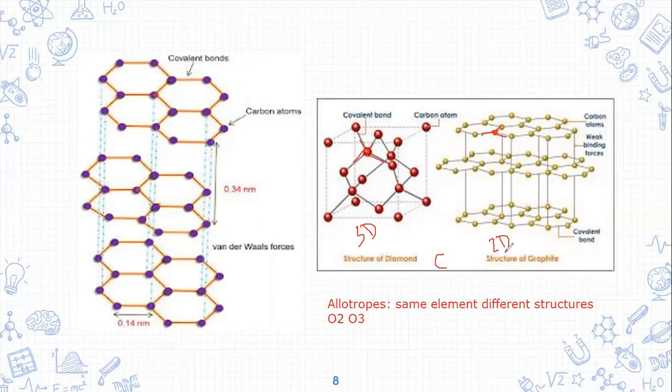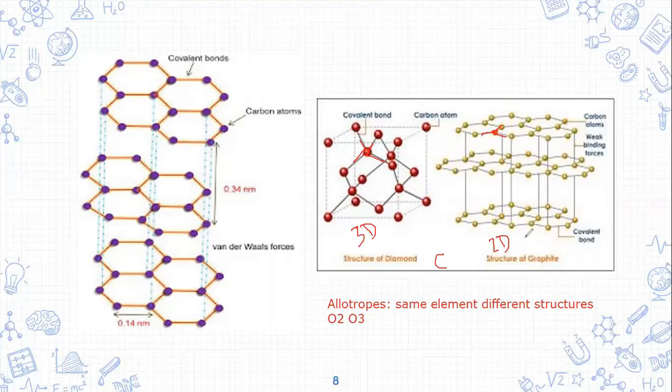Diamonds do not conduct electricity because all of the electrons are shared between the different atoms. Whereas in graphite, each carbon has one electron which is not shared. So that means they have free moving electrons, so they can conduct electricity. Graphite can conduct electricity, whereas diamonds cannot.